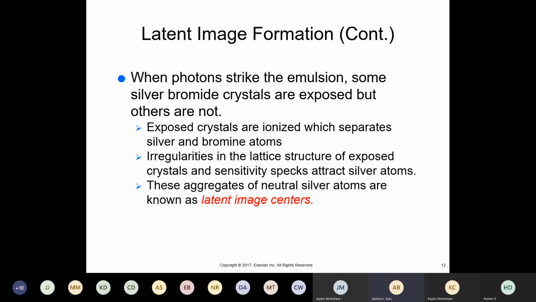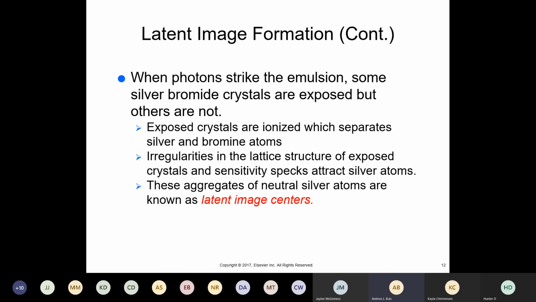So when those X-ray photons strike the emulsion, some of the silver halide or bromide crystals, you're going to hear them talk about both, are exposed, but some are not. The exposed crystals are ionized by that radiation, which separates the silver and bromide atoms.